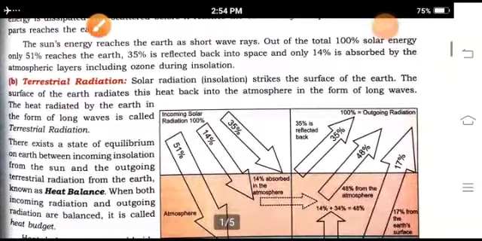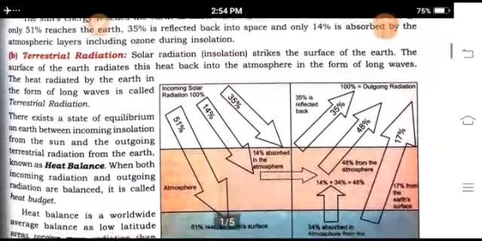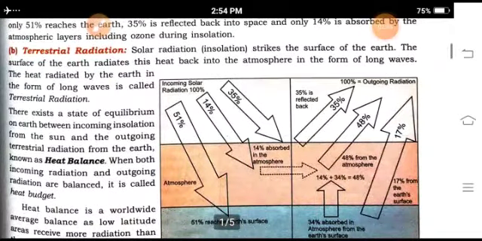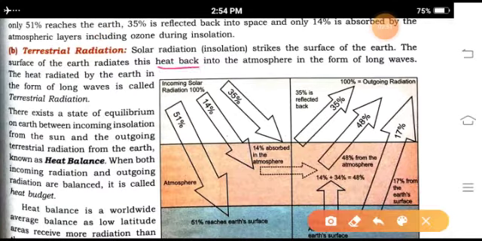Terrestrial radiation. Solar radiation, insolation, strikes the surface of the earth. The surface of the earth radiates this heat back into the atmosphere in the form of long waves. The heat radiated in the form of long waves is called terrestrial radiation.